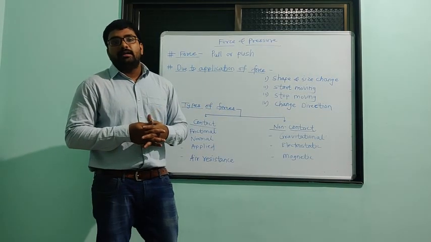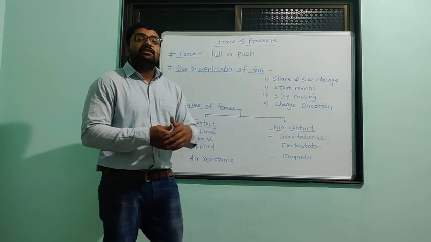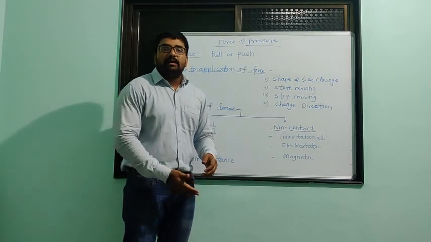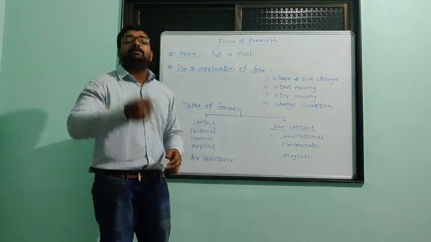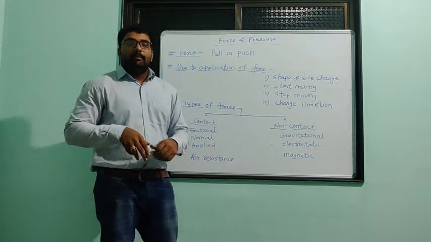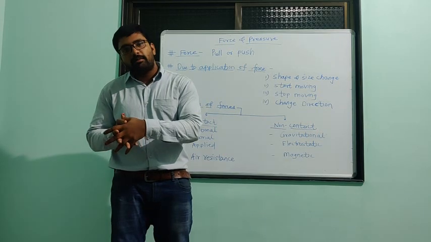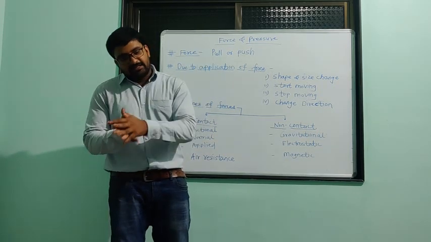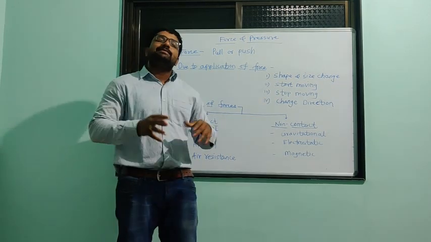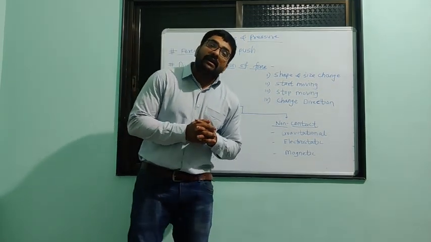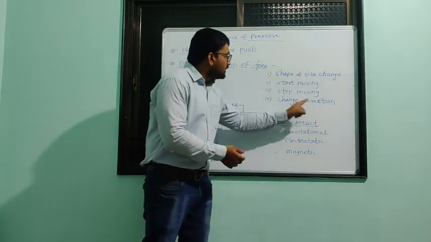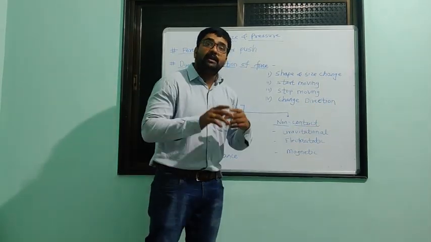They can easily change the direction of the football from player to player by the application of force. Or in cricket, if a bowler bowls a ball, then the batsman with the help of a bat changes the direction of the ball. So from this example we can easily understand that due to the application of force, the direction of an object may change.